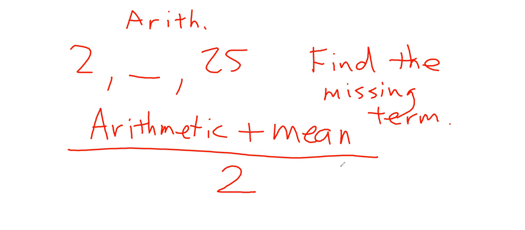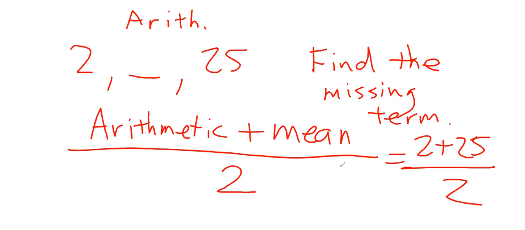Look at my little formula: arithmetic mean is the sum over 2. The arithmetic mean is what you commonly refer to as an average. So 27 over 2, 13.5.